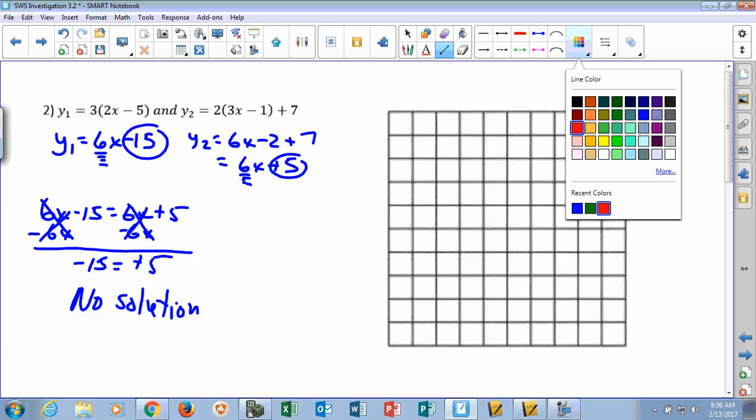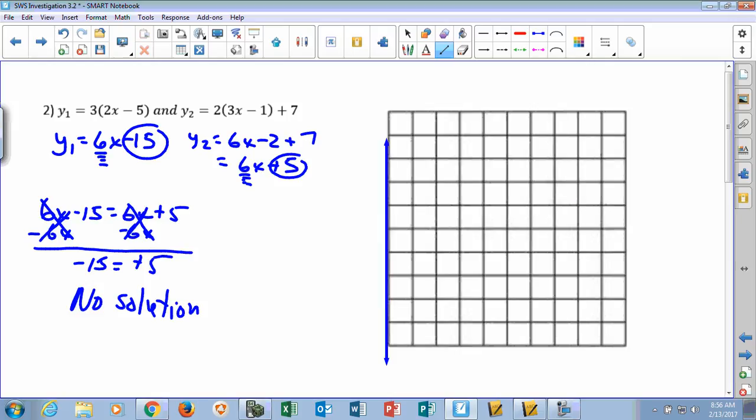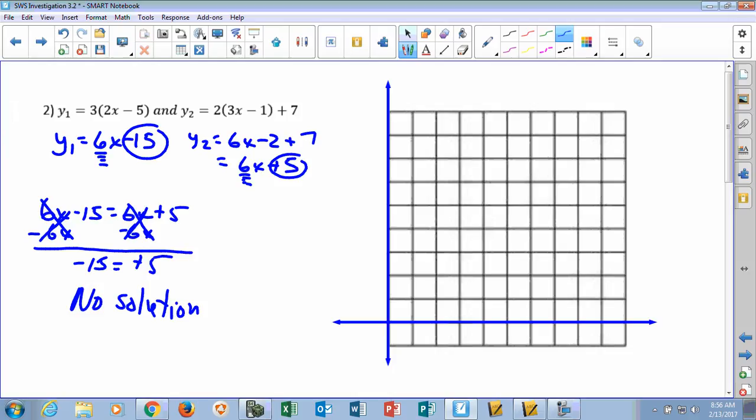Let's make it blue. Okay. So at plus 5. And obviously we go up 6, I'm off the grid, right?